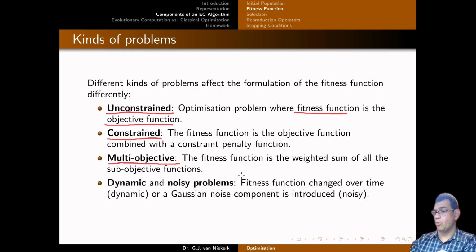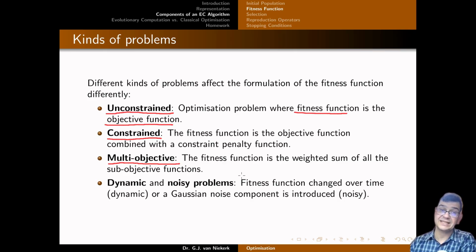Make sure that you are more on your opponent's side. How many goals were you able to obtain? How many successful kicks were there, where you pass the ball to another player and it hasn't been intercepted by another player? That's multi-objective. So in this case, your fitness function is the weighted sum of all the sub-objective functions. A weighted sum means that some objectives might be more important than others.